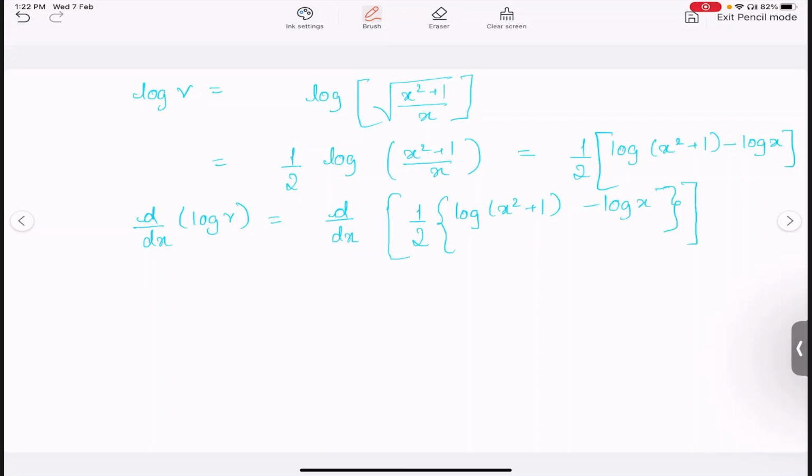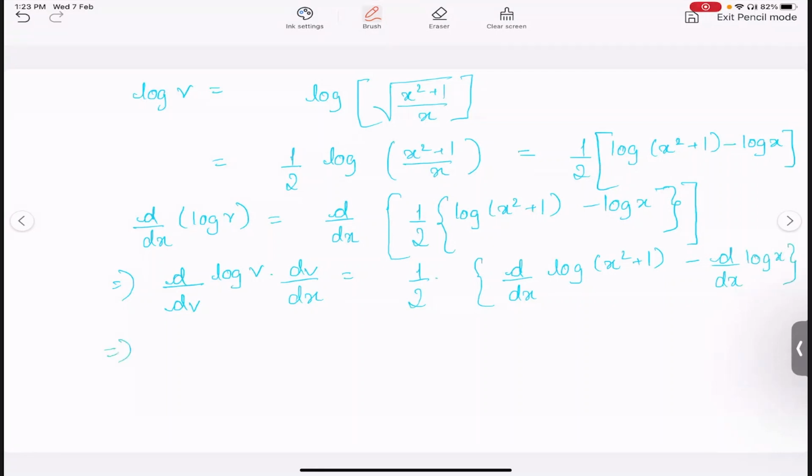This is the thing that we have to solve for. First we will take out half, and now d by dx of log of x square plus 1 minus d by dx of log of x.